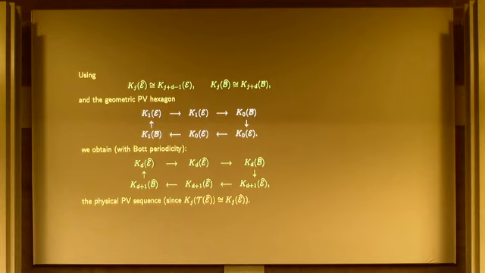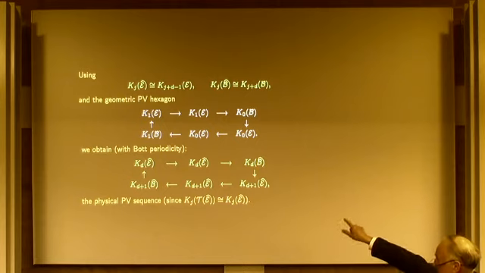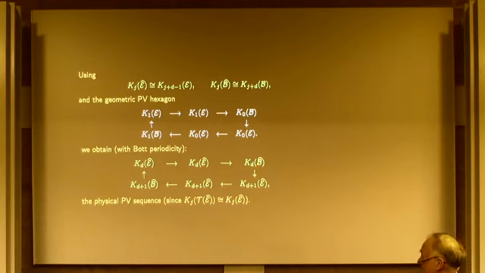So using those results on shifting the K-theory, we can take the geometric Pimsner-Voiculescu hexagon, and we can turn it, using Connes' Thom and the Bott periodicity, into a hexagon of the general form given in green down below.